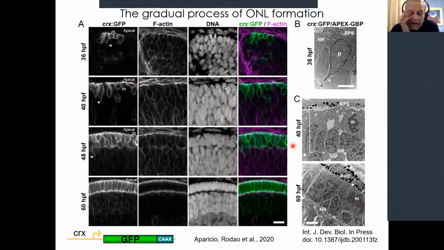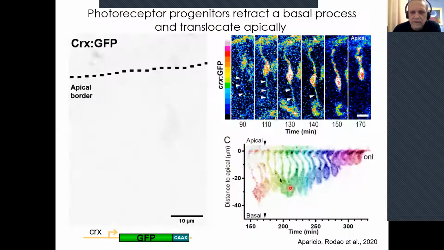So what we will analyze along this presentation is not post-mitotic neurons like the case for retinal ganglion cells, but pre-mitotic progenitors, which are already committed to be photoreceptors, but are still eventually proliferating. Usually they will undergo two cell divisions between the moment they go to the apical side until they eventually start to differentiate. So we were interested in the very early stages, and we used this promoter and this construct.